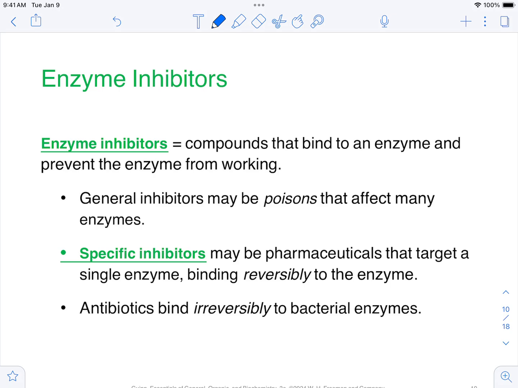Or these might be antibiotics that bind irreversibly to bacterial enzymes. So we can do it on purpose and make it reversible, or we can do it on purpose and make it irreversible, or we just don't do it on purpose at all and it's some type of poison.